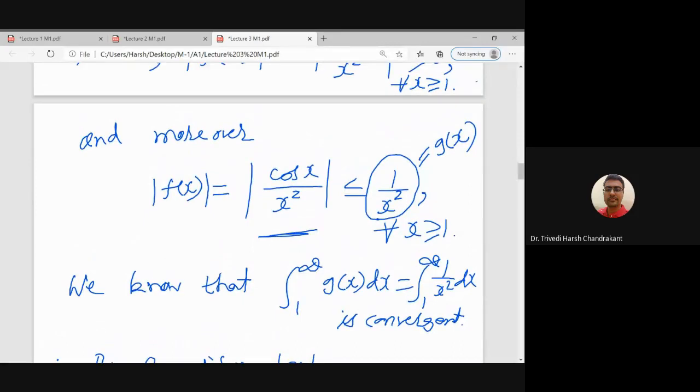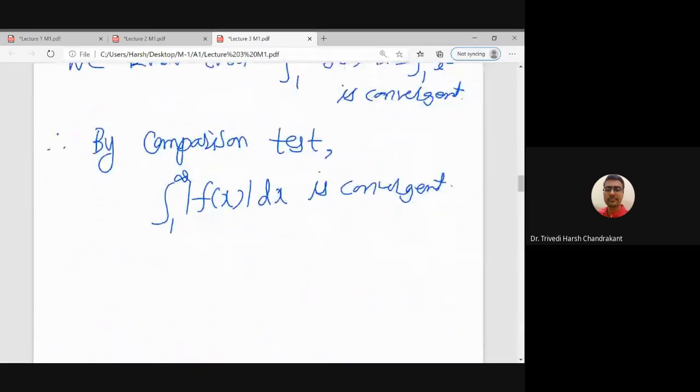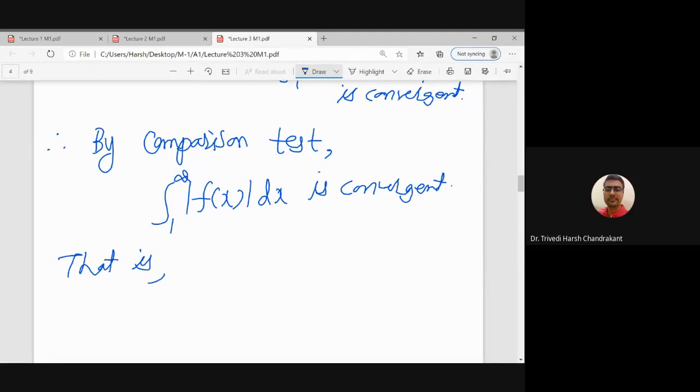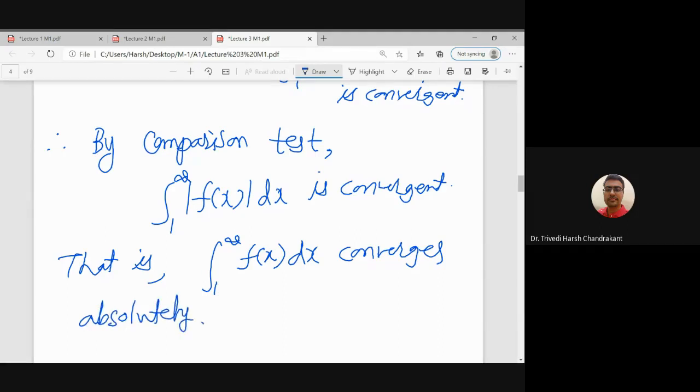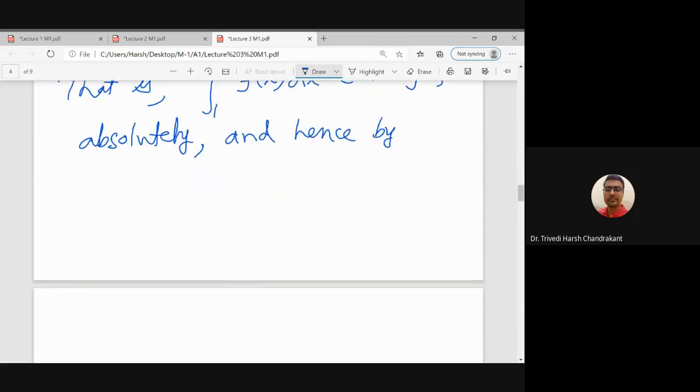So by comparison, our integral with modulus sign is convergent, that is, the integral of f(x) dx converges absolutely. And since it converges absolutely, by the previous theorem, it also converges.